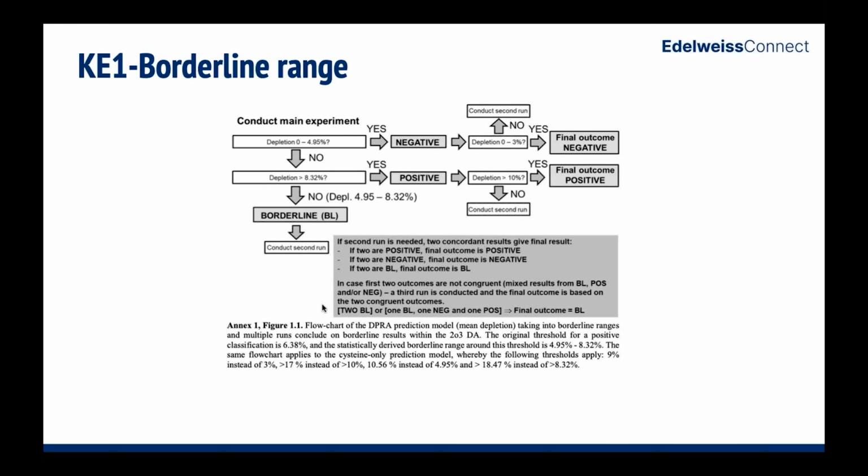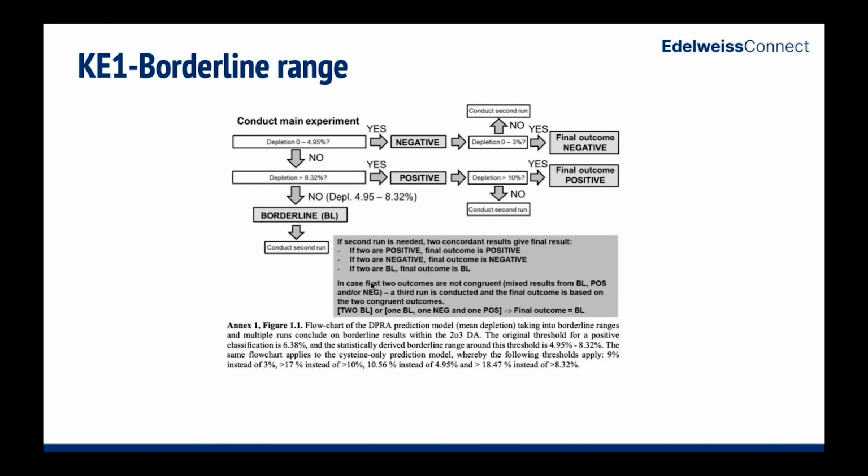For example, this is the flow chart of the DPRA assay, that is key event 1, and there is clear indication of borderline range within key event 1. For example, when the mean peptide depletion is between 4.95 and 8.32%, then it is considered within the borderline range.